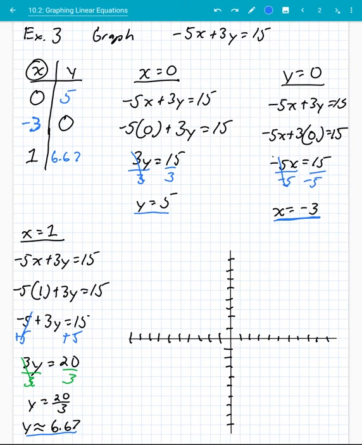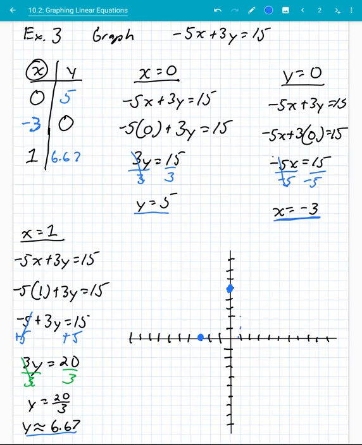I'm going to put them all in blue dots. (0, 5) is going to be 1, 2, 3, 4, 5 right here. That's (0, 5). Negative 3, 0: 1, 2, 3 is going to be right there. That was kind of bad placement. And then (1, 6.67). This will be 1 to the right, and then up 6.67.